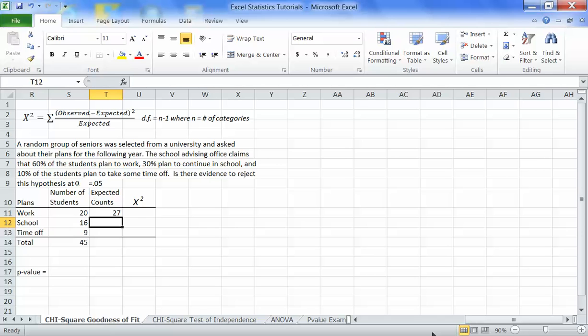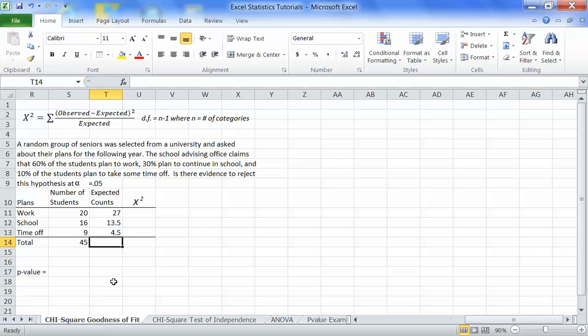So in the next cell, I just want to do equals 30%, 0.3 times the total of 45. Enter. And for time off, 10% times 45. So these are my expected counts for each of these categories.